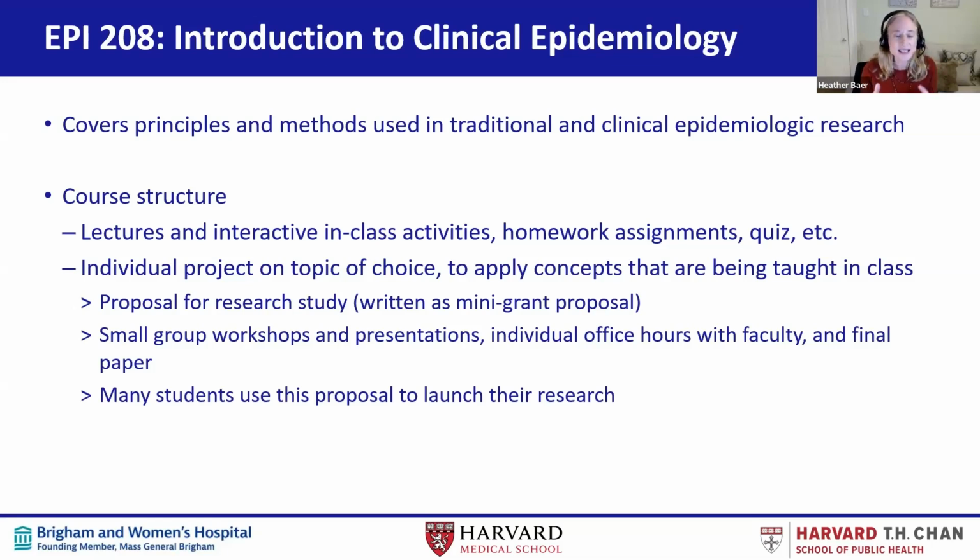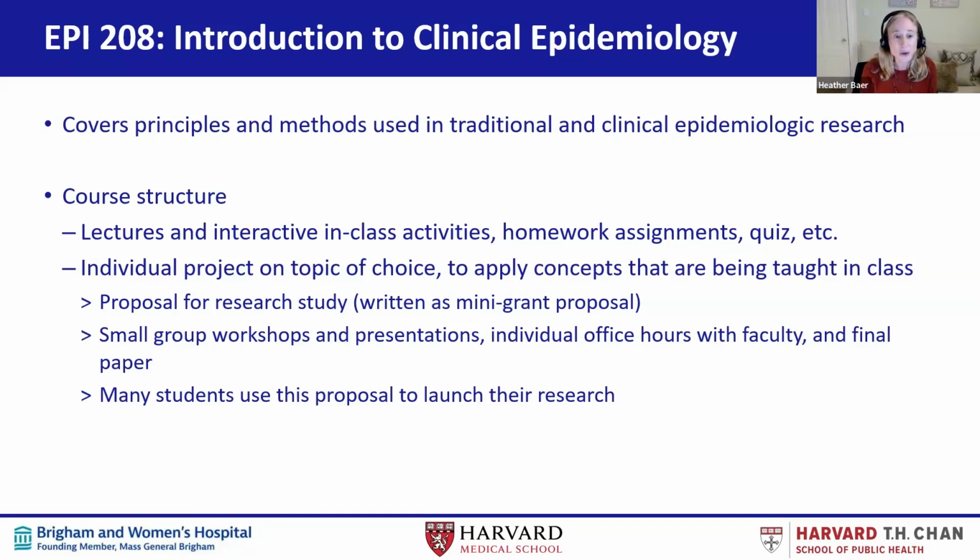And so the idea is, in addition to all of the things that I already mentioned, attending lectures and doing homework assignments, et cetera, at the same time you're also working on developing a proposal for a study that you're hopefully planning to conduct in the near future using the methods that you've been learning during the course of the summer.